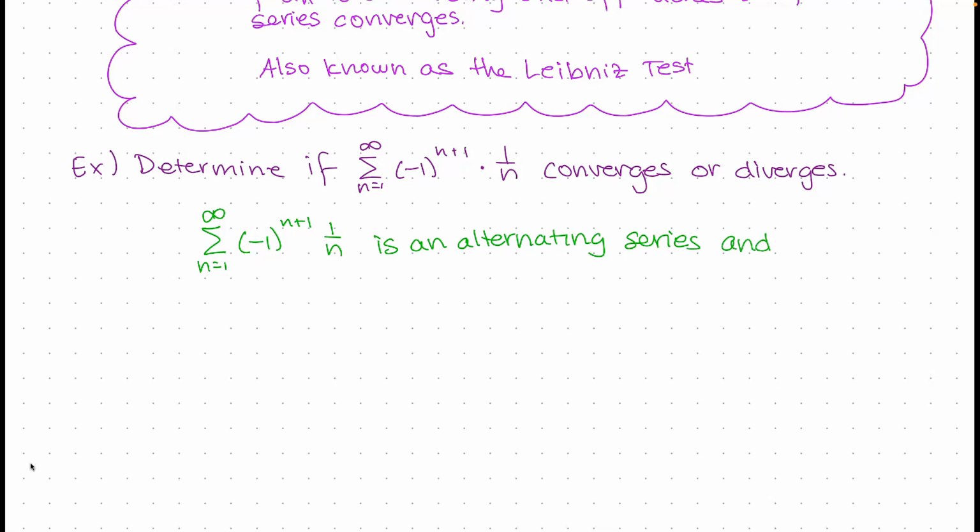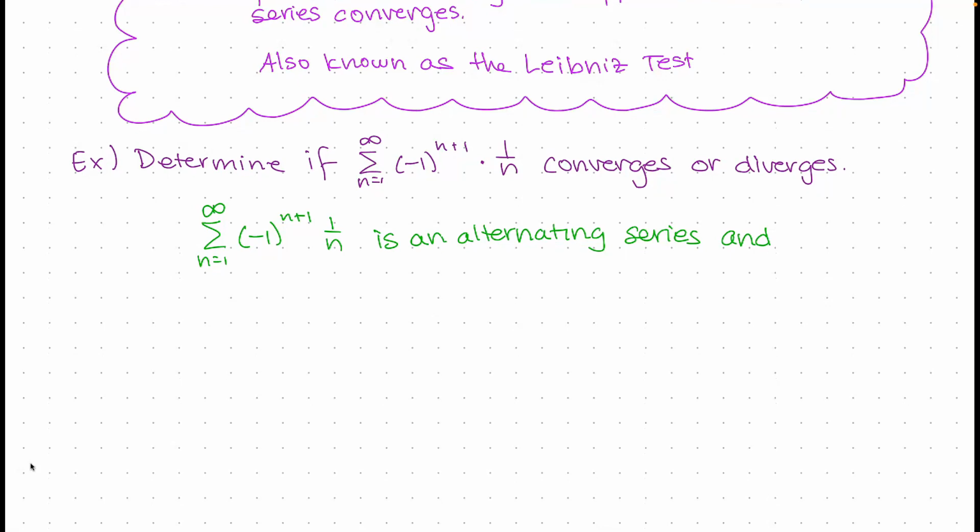And you don't have to call the 1 over n a sub n. I mean, you can. But the key thing you want to say is that 1 over n is decreasing and approaches 0. And that's it. You're ready to state your conclusion.